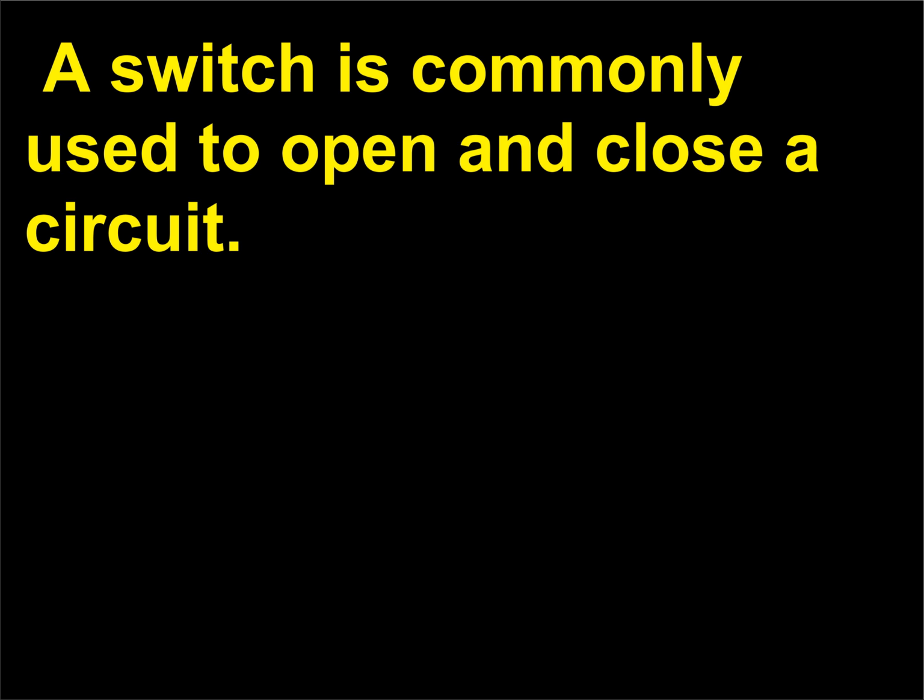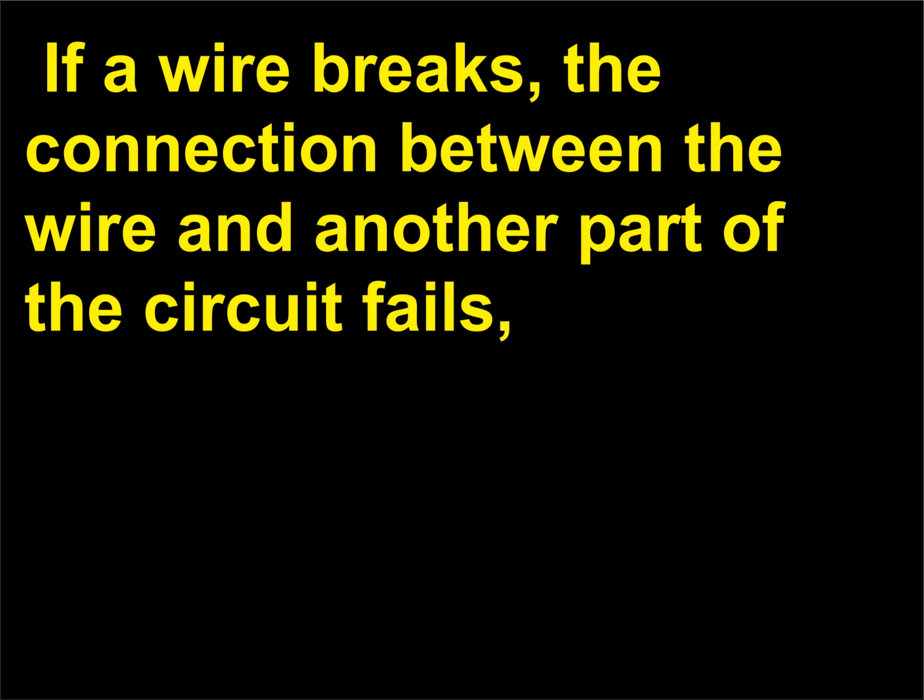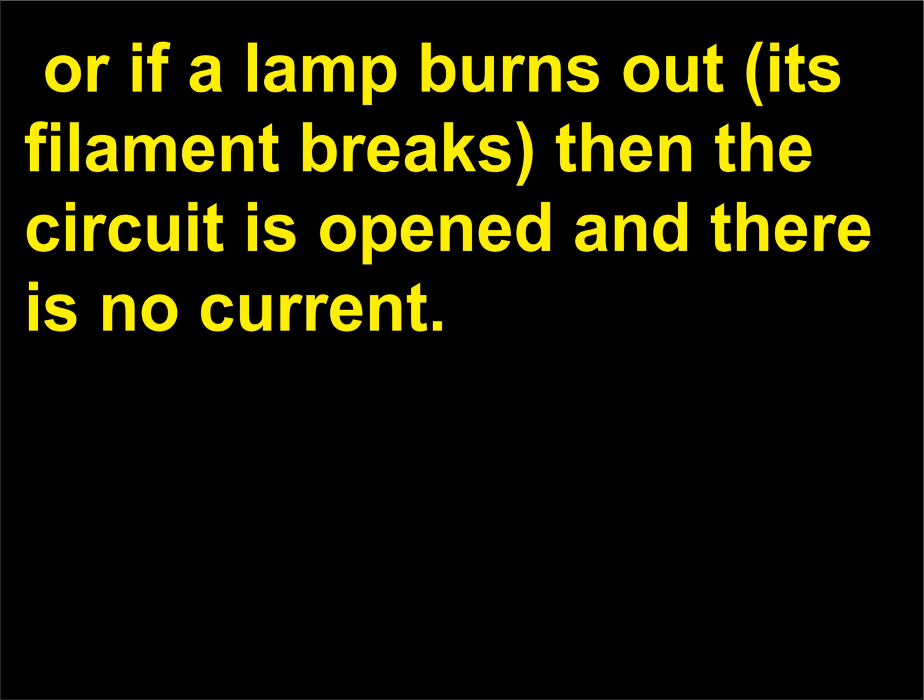A switch is commonly used to open and close a circuit. If a wire breaks, the connection between the wire and another part of the circuit fails. Or if a lamp burns out, its filament breaks, then the circuit is opened and there is no current.